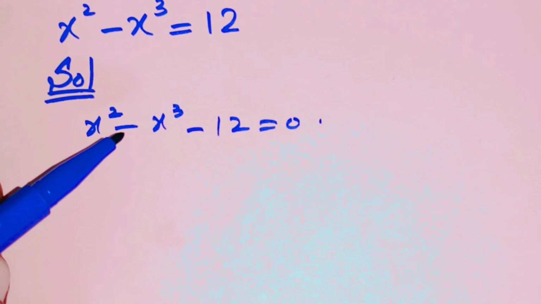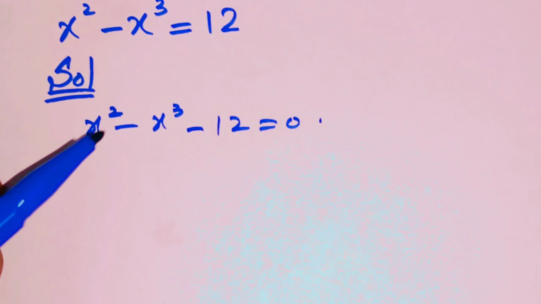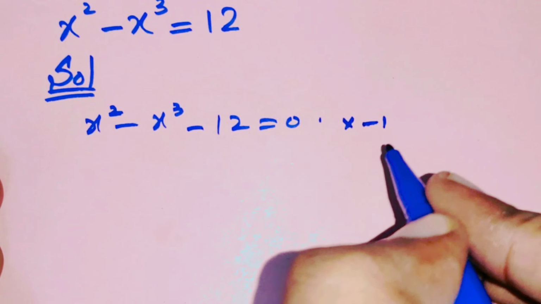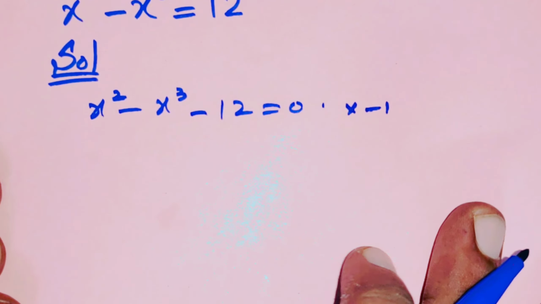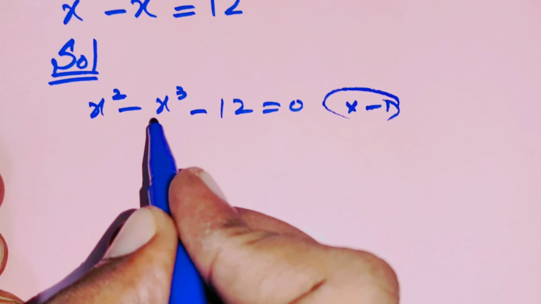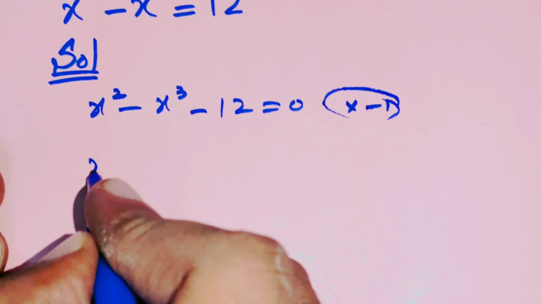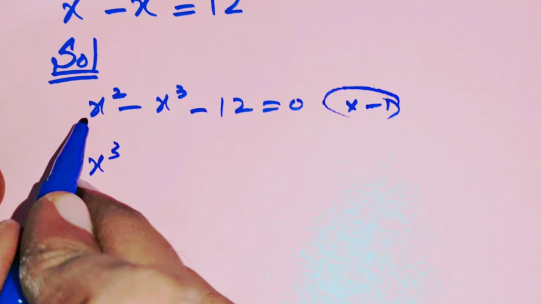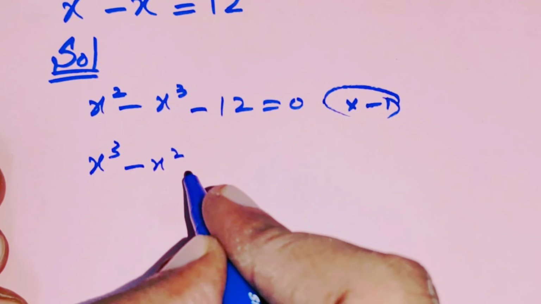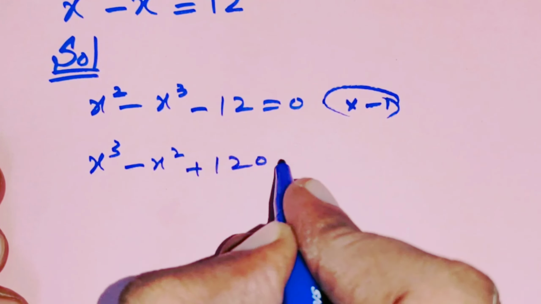So here the sign of the cube term is minus, so for making it plus we will multiply both sides with minus 1. If we multiply minus 1 with this minus x cube, it will be plus x cube, plus x square will become minus x square, minus 12 will be plus 12 equals 0.